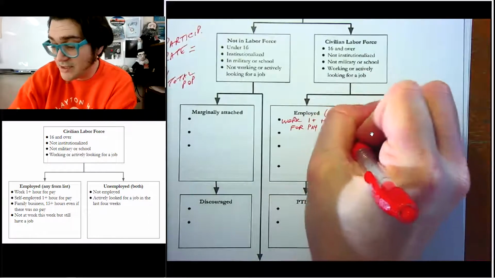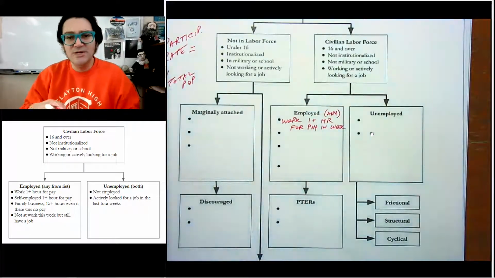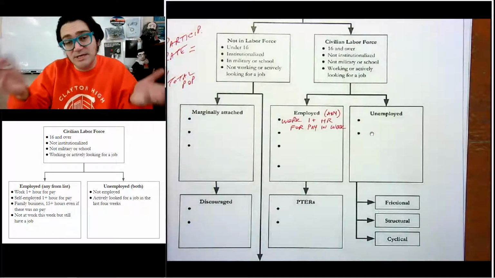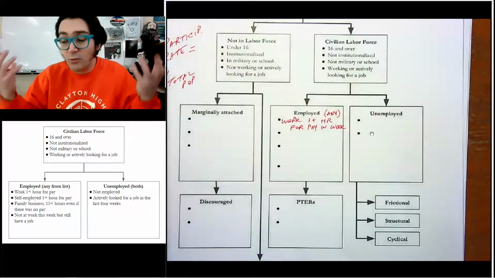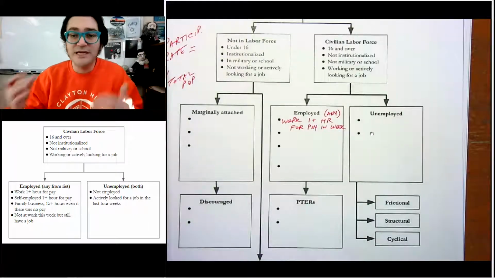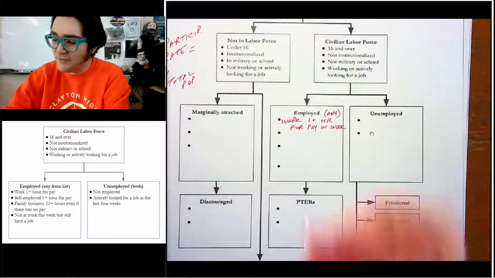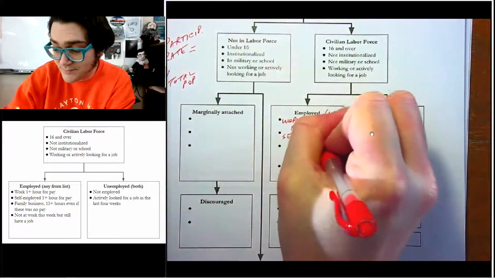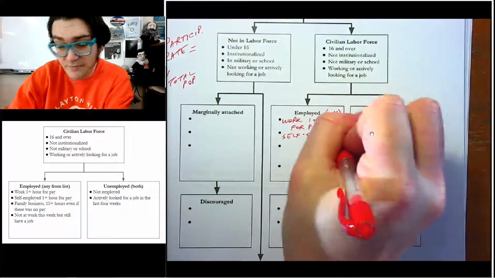In the last week. And I know this box is a little small, but you're not going to get tested on the really technical stuff, but it might come up, and so I'm going to tell you what they are. Worked 1 hour for pay. So if you worked for 2 or 3 hours part-time in the last week, you are employed. Okay. If you are self-employed for pay, that counts, right?